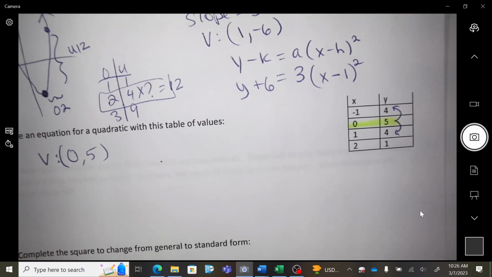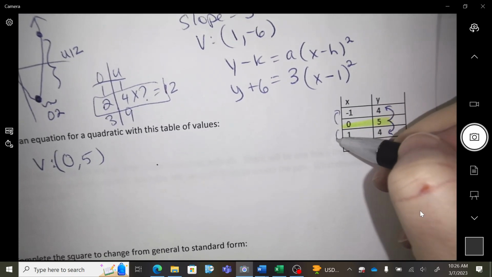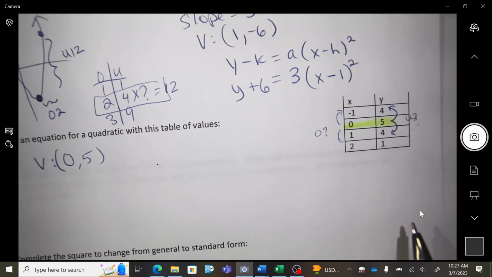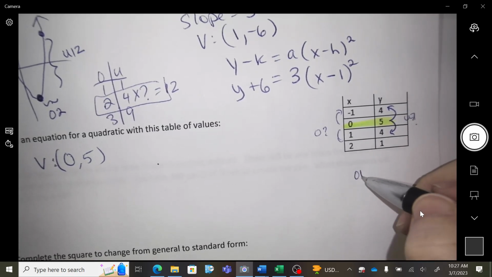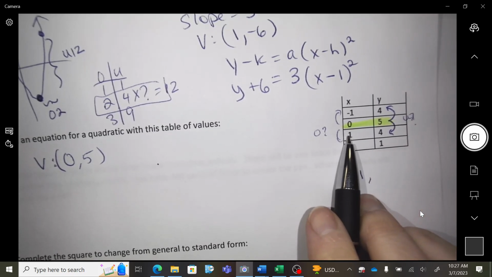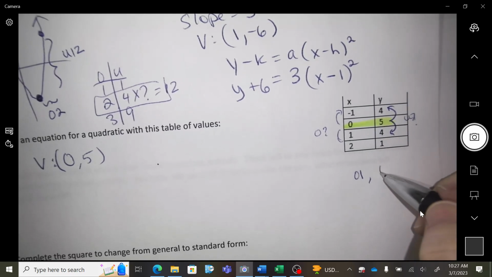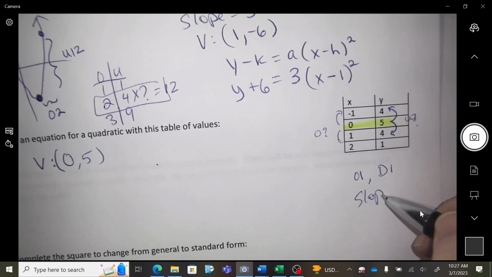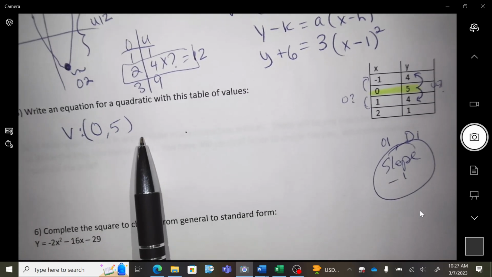So the vertex is 0, 5. What's happening here? What am I doing? How much did I go over and up? Can you think about that? So this is over 1, and then this does what? Down. It goes down 1. So what's your slope if you're doing that? -1. Slope is -1.